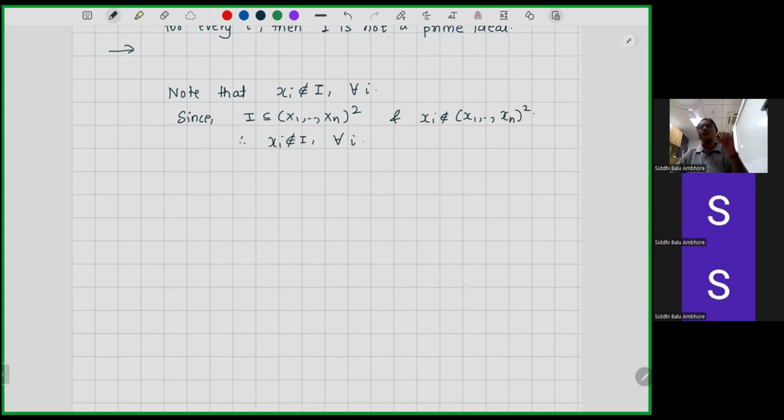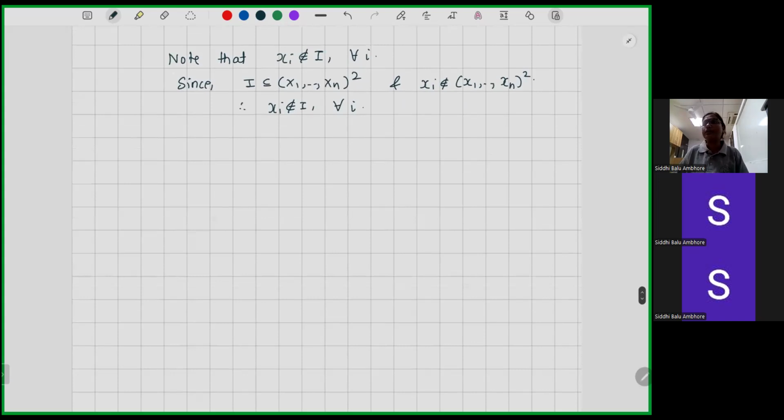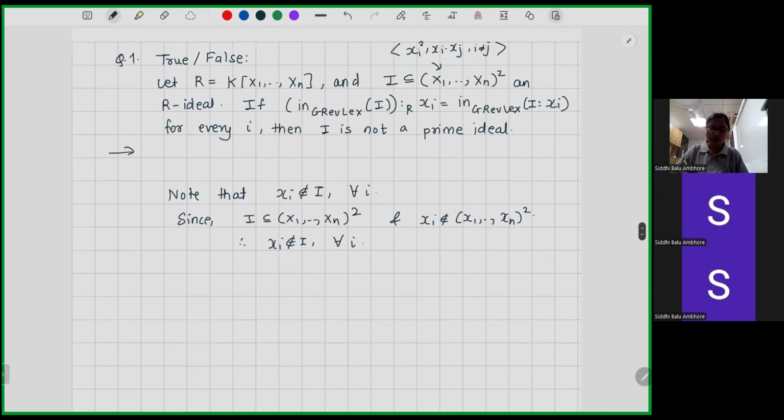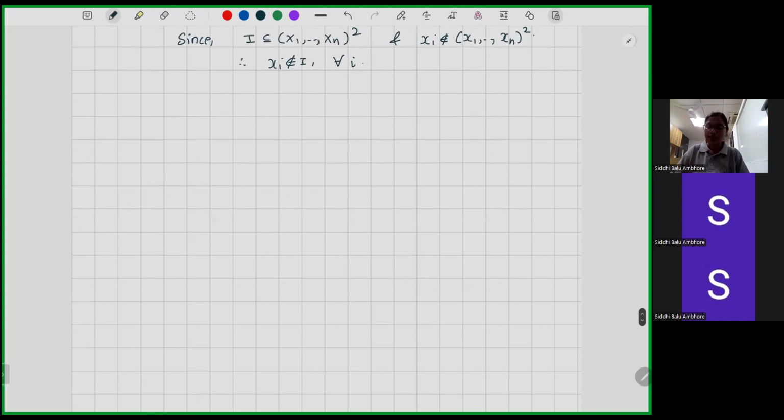This is true for every variable x1 up to xn. This was the first thing we needed to observe. The second thing is we have to check whether I is prime or not.